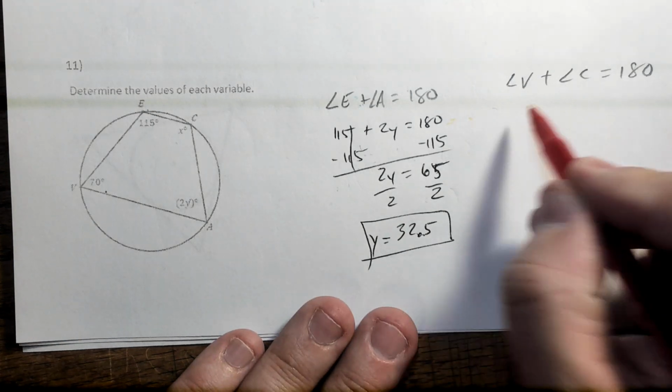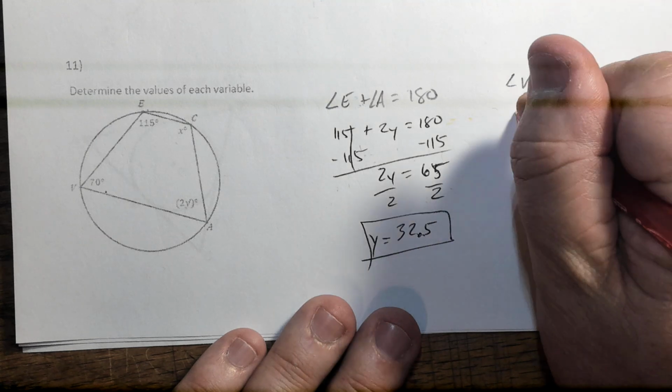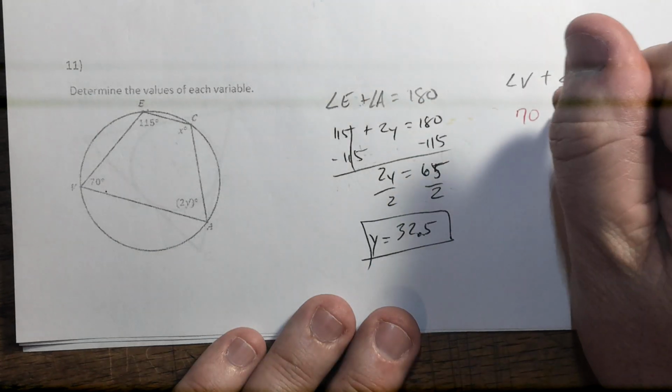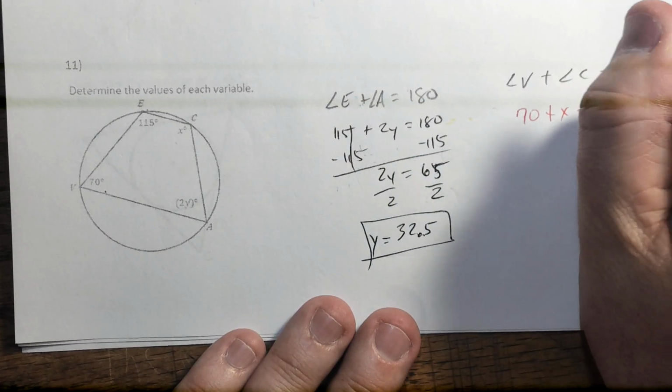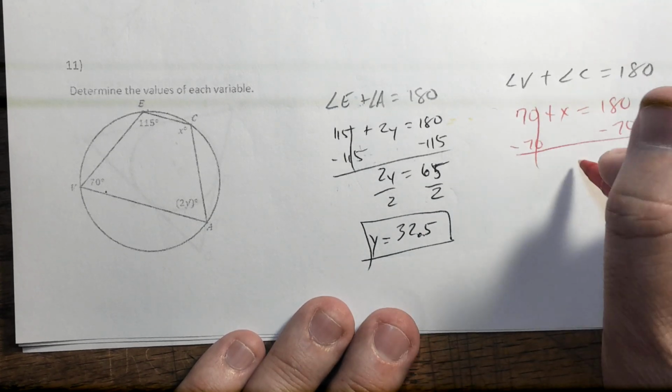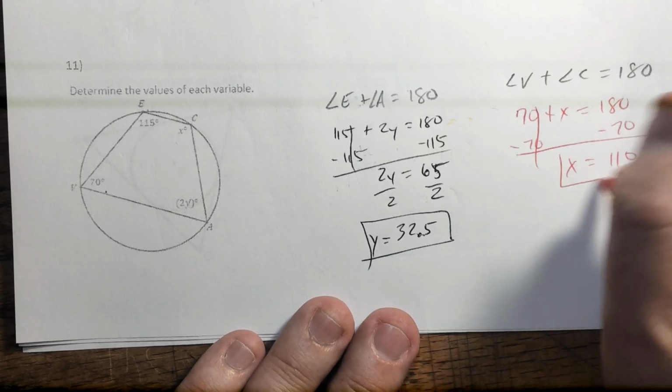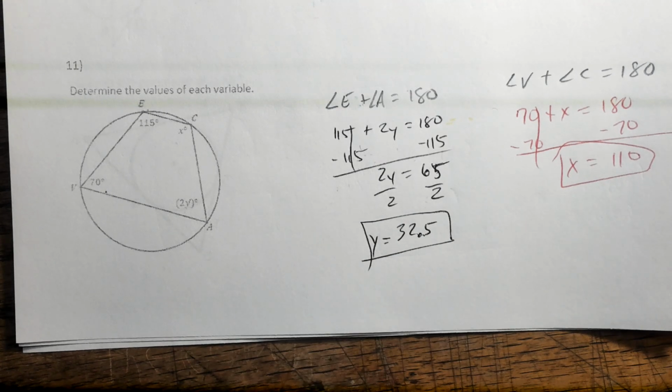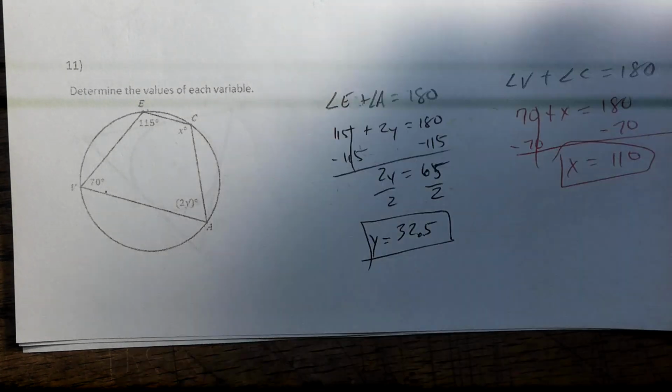Over here, V is 70, and C was X, and then 180. So subtract the 70 to get X alone. So here X equals 110, so short and sweet.